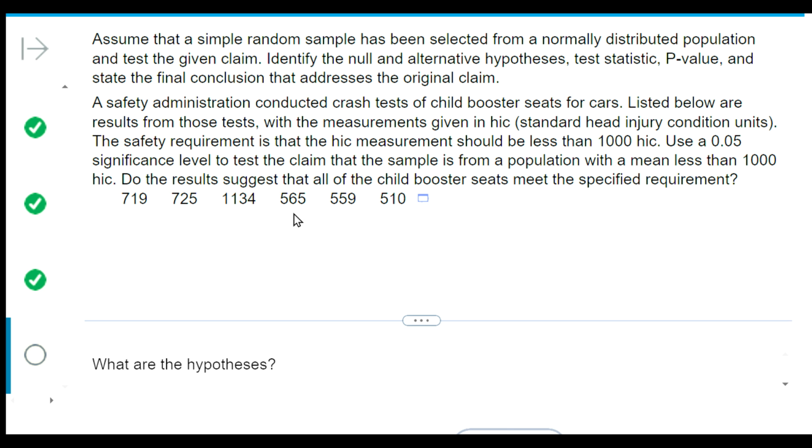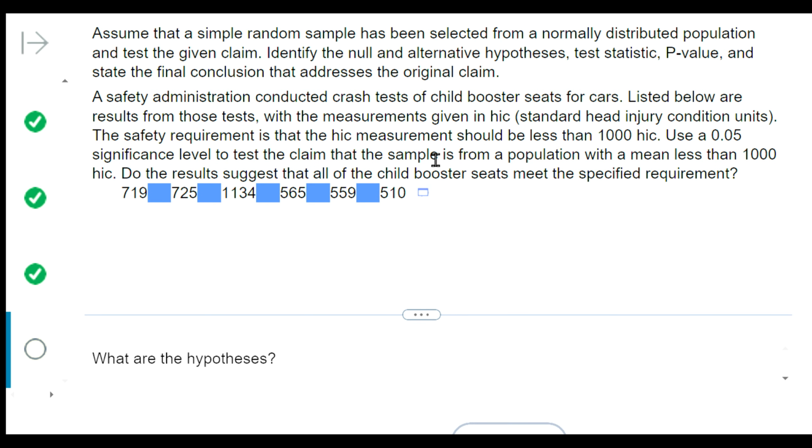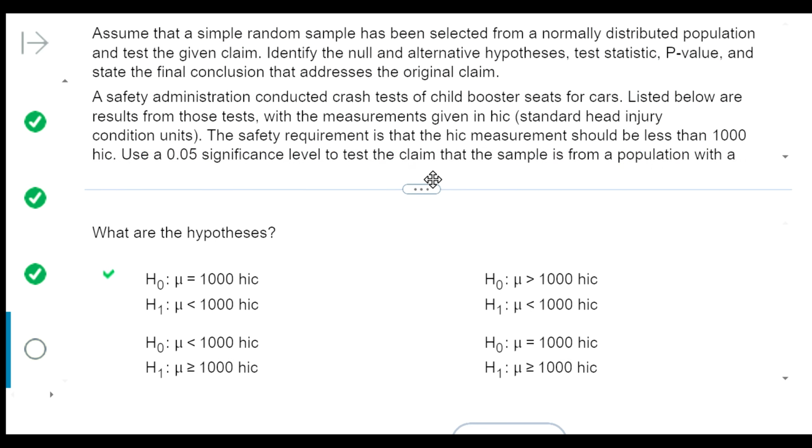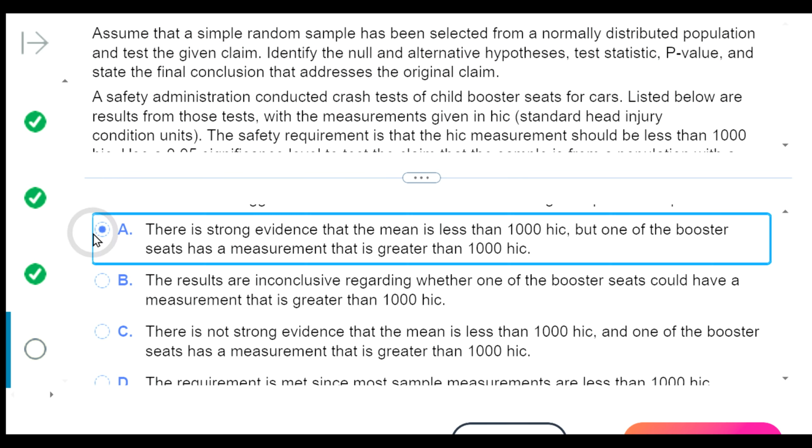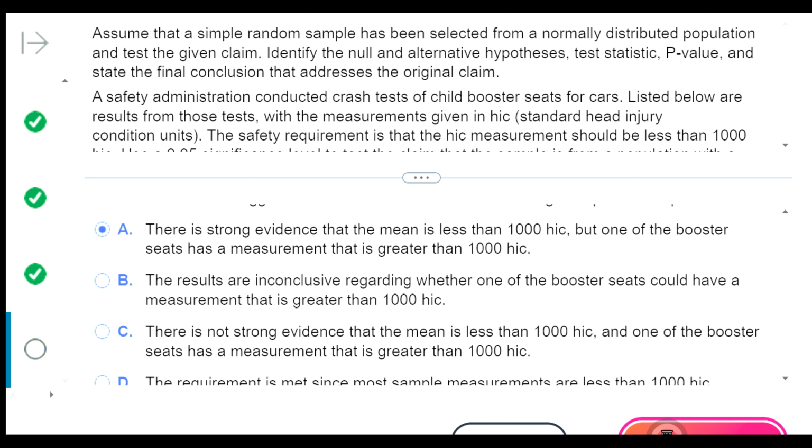So it's like I grabbed some booster seats from some place and tested them to be safe. They need to be less than 1,000. One of them didn't quite reach. One of them would not be considered safe, but if these all came from, like, the same batch or whatever, then according to our statistical calculations here, we have strong evidence that that batch is indeed safe.